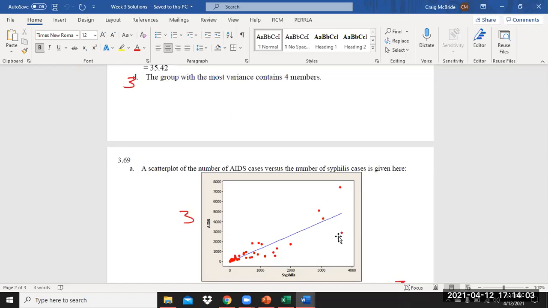And you usually don't want to get rid of outliers that are oddball results. You only want to get rid of outliers that you're fairly certain are from measurement mistakes. Otherwise you're combing the data and trying to make things look the way you want them to look, and that's bad. That's not what you're supposed to do.